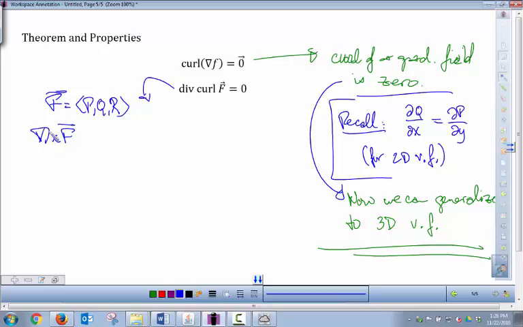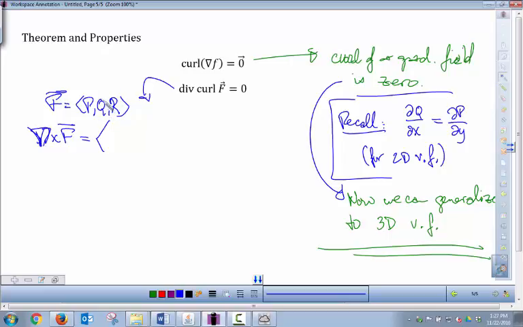So I'm going to switch notations on you just to keep you alert. Remember that the curl is the cross product of the del operator with the vector field. Instead of doing this with a 3x3 matrix, I'm just going to see if I can remember it.